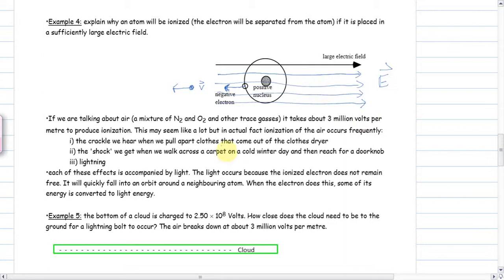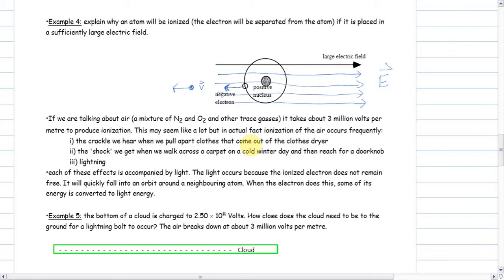It might seem like a lot, but this occurs frequently. Okay? We hear it as we pull clothes out of the dryer. The static electricity that we have from rubbing the clothes together for the last 45 minutes with a lot of heat, as we pull it apart, you'll hear the clothes static.